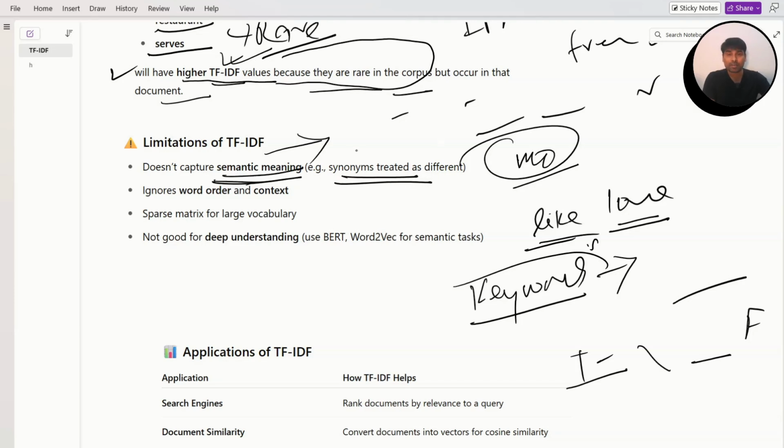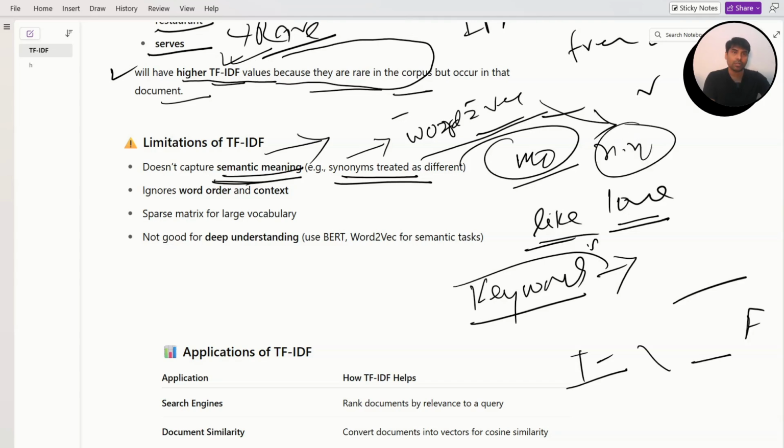If you really want to capture the semantic meaning, we have to go with a different model, maybe Word2Vec. This is another model, Word2Vec, which was created by Google. It is based on a neural network, so this kind of model can capture the semantic meaning.